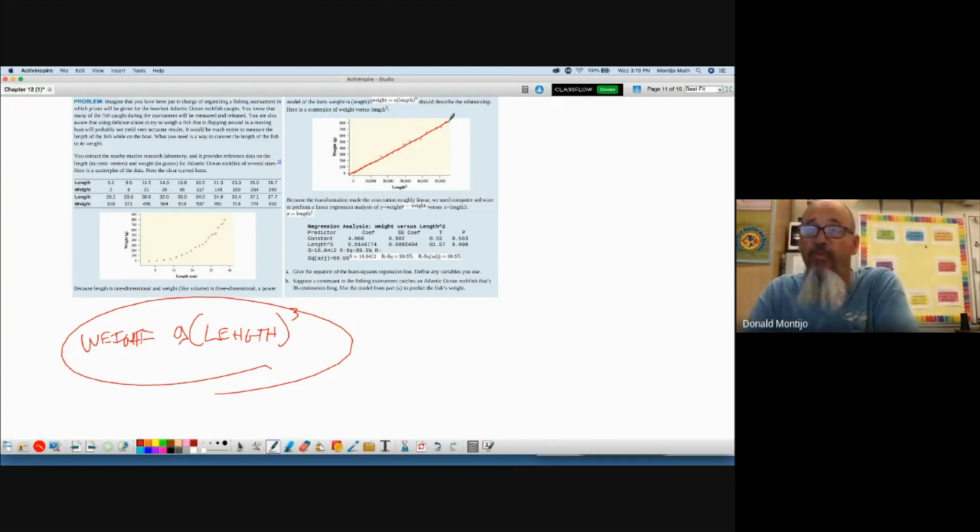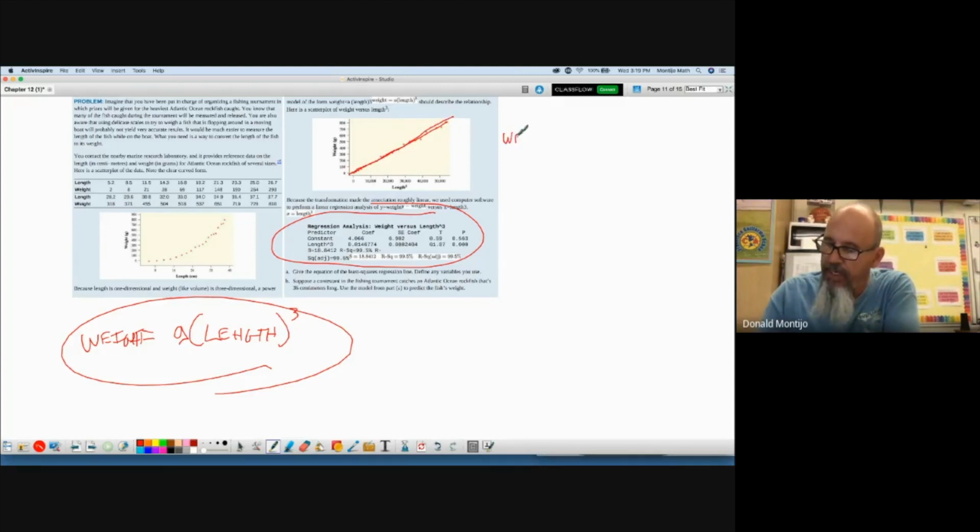So now we're going to perform linear regression on that set of data, and this is the computer printout that we get from it. Now, how would we go about converting that back? Part A says, give the equation of the least squares regression line. So this is this actual line. What is the equation of this line?